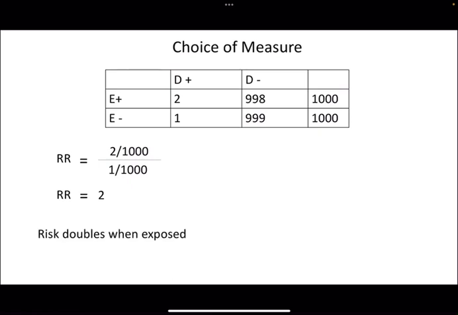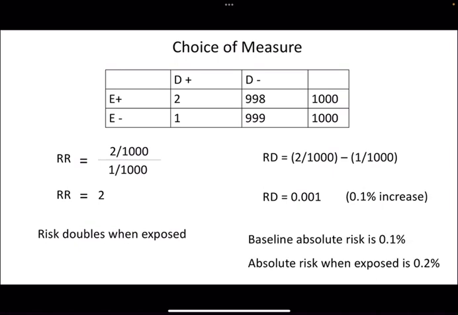But since it is so rare to begin with, when we do a risk difference, so the risk in the exposed, 2 divided by 1,000, minus the risk in the unexposed, 1 over 1,000, we see that on an absolute scale, it's a 0.1% increase in risk. Like the risk has doubled. It's gone from a 0.1% risk to a 0.2% risk.